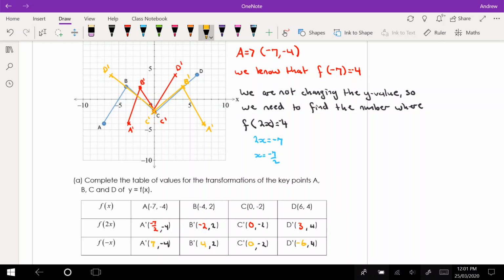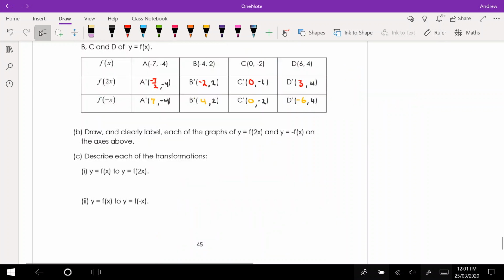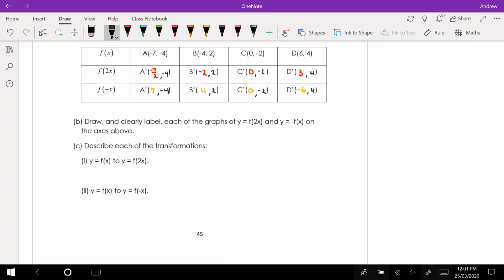Okay. So now we have these graphs all plotted, and we have a bit of an idea now what these transformations do to the graph. So now let's describe all of our transformations. For my first one, when it's f of 2x, remember the language that we need to use.